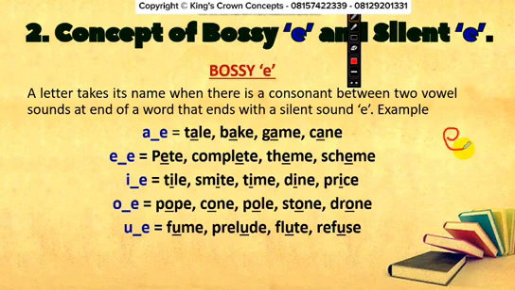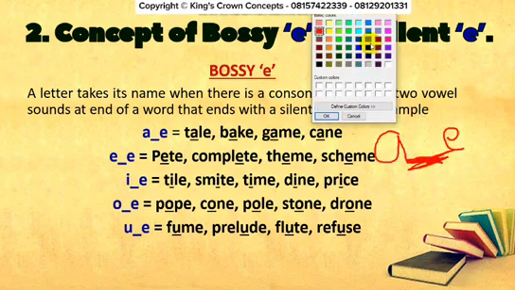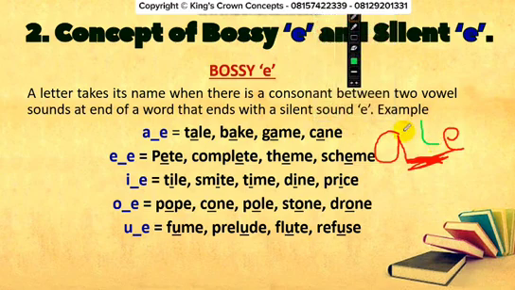This is letter E. This is a vowel sound. You understand? So they are together talking, and then a consonant comes in between them and interrupts their conversation. Then the sound became angry and remained silent.